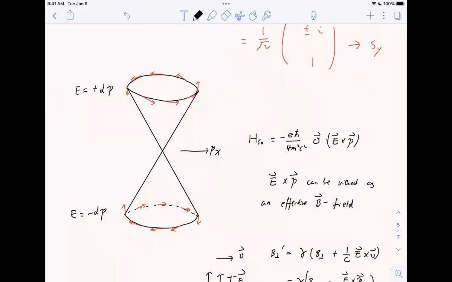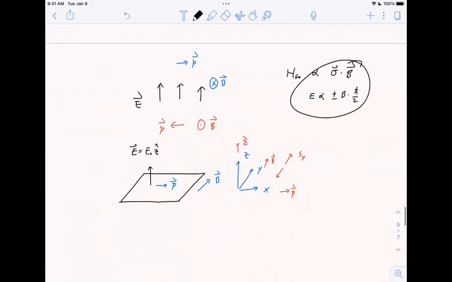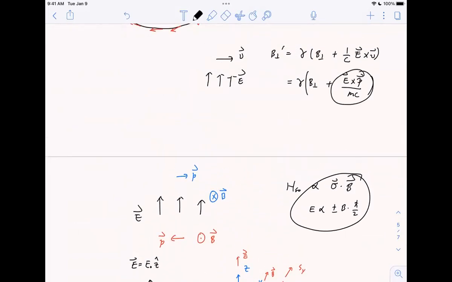So you have a cone, and the gap in the cone is generated by the spin-orbit coupling. So this gap is proportional to P. Why? Because this effective magnetic field is proportional to P.